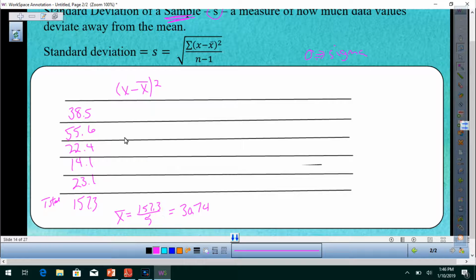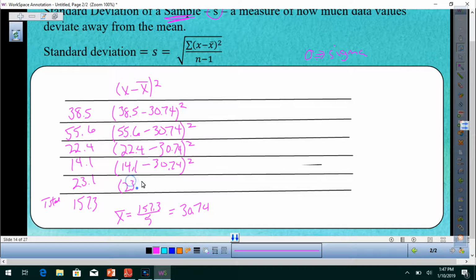So we're going to have 38.5 minus 30.74, squared. 55.6 minus 30.74, squared. Then 22.4 minus 30.74, squared. 14.1 minus 30.74, squared.